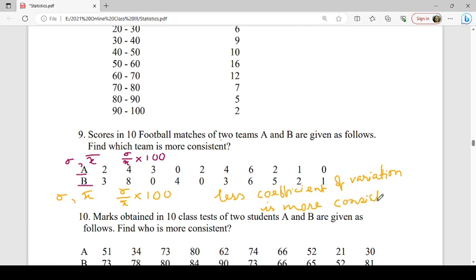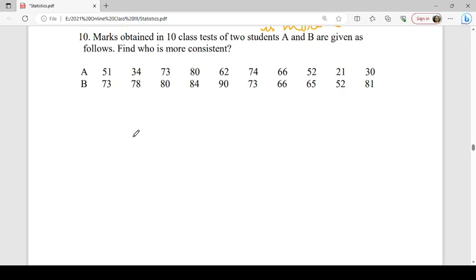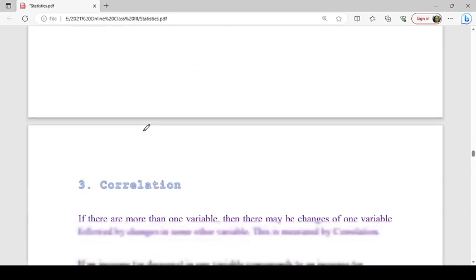So you compare this. So this may be less, this may be less. So which one is less? You see it, and less coefficient of variation is more consistent. If A is having less coefficient, then team A is more consistent, otherwise team B is more consistent. So this is the procedure of this.